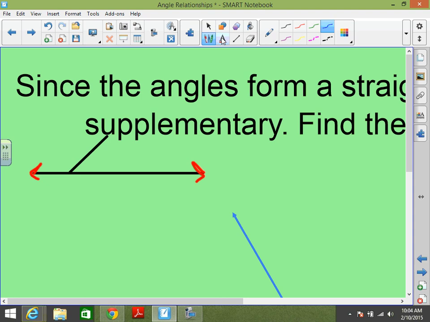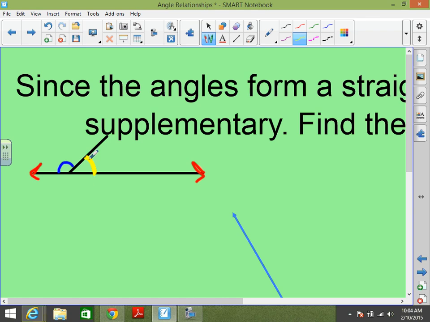Now, how many angles did I make? 2. There's an angle here, and there's an angle here. If I add up these 2 angles, what will they add up to?